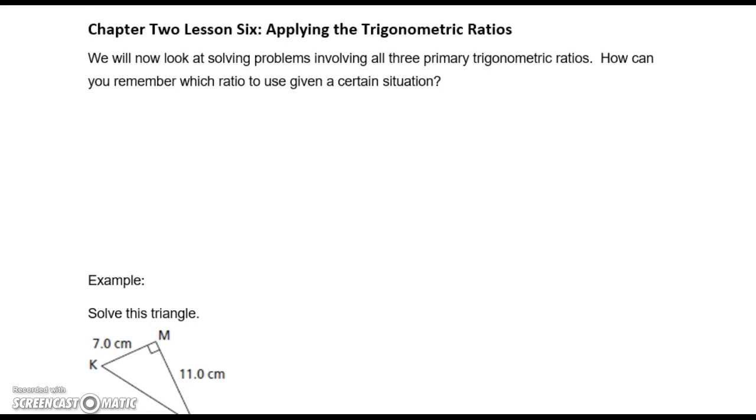So one thing that some mathematicians came up with to help us remember the three primary trigonometric ratios is something called SOHCAHTOA. When you write out SOHCAHTOA, this tells you the ratio and which sides are involved for that ratio.